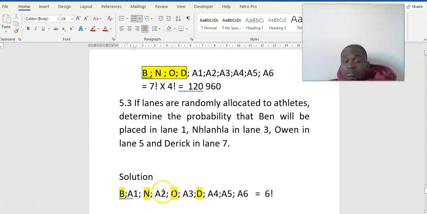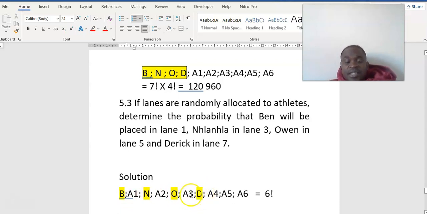Lane 4, any of the athletes, athlete 1, athlete 2, or athlete 3, apart from Ben, Klankla, Owen, and Derek. Lane 5. Lane 5 is Owen. Owen in lane 5. Lane 6, we don't know. Lane 7 is Derek. 1, 2, 3, 4, 5, 6. Lane 6, any of the athletes can take.